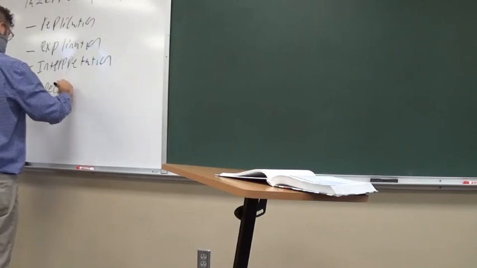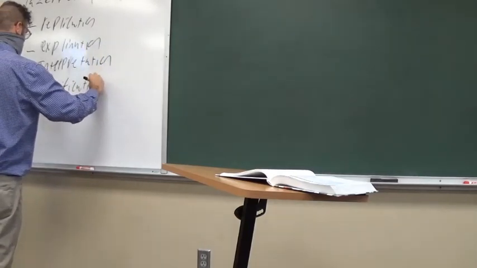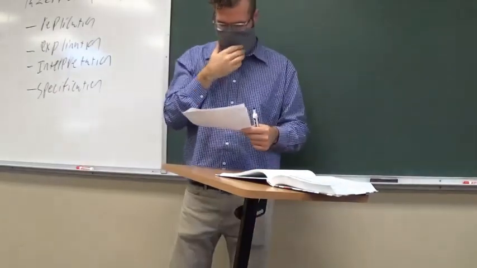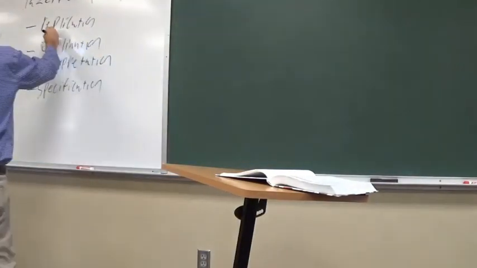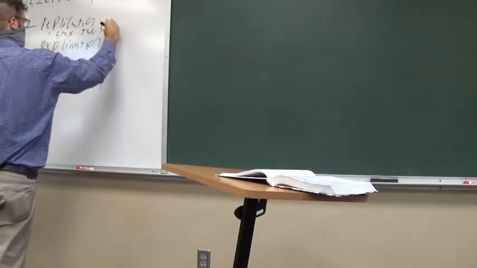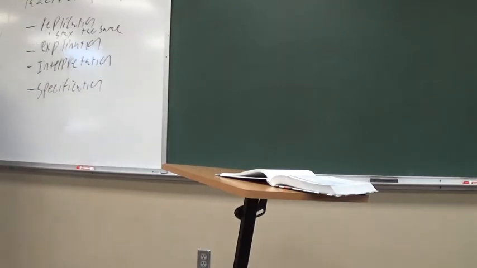And all those are just ways of referring to what can happen when you control for a variable. So what happens in replication is you control for the variable, right, and it stays the same. The same thing happens.